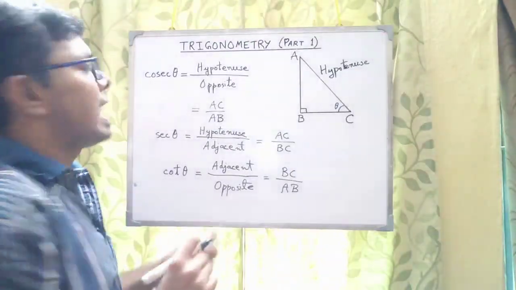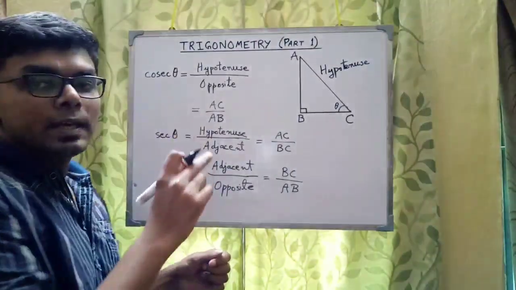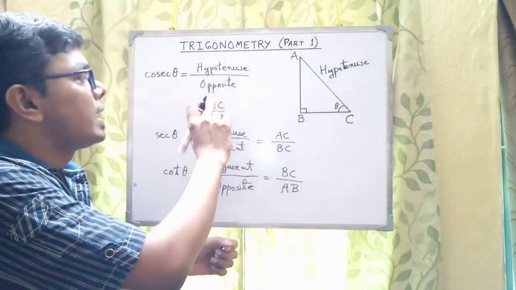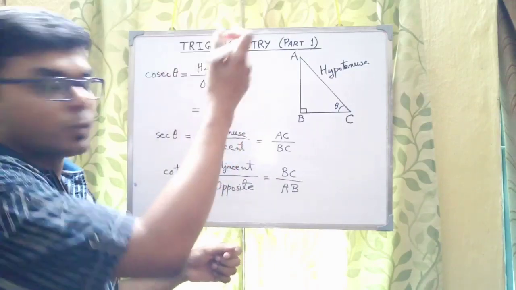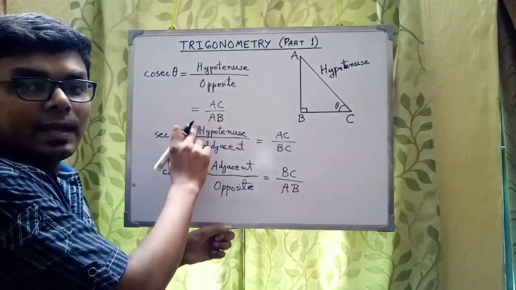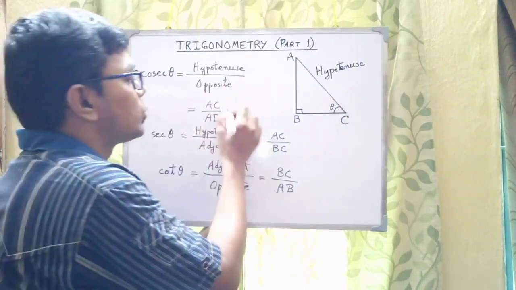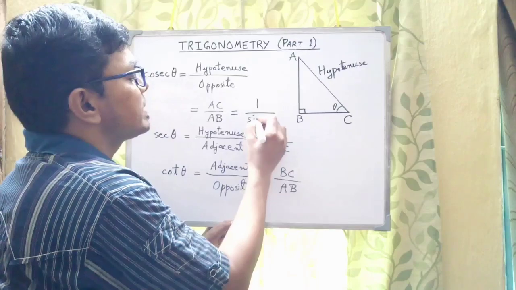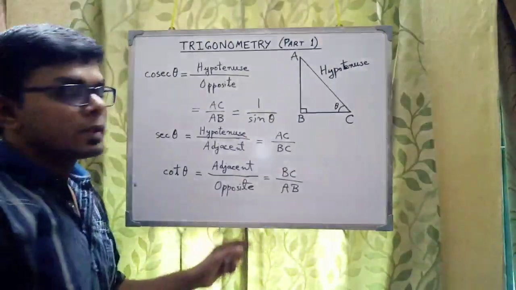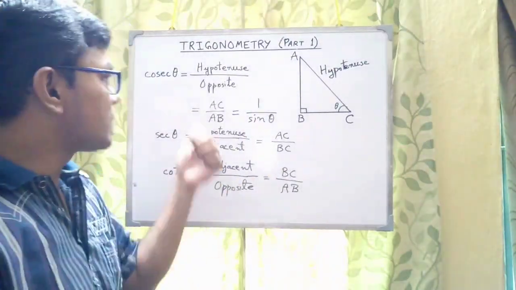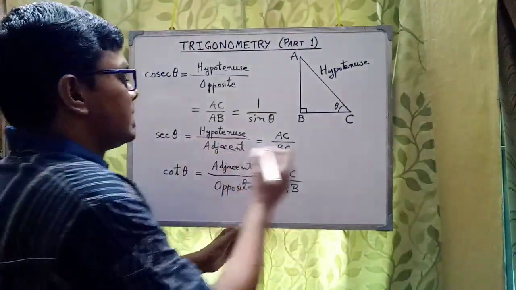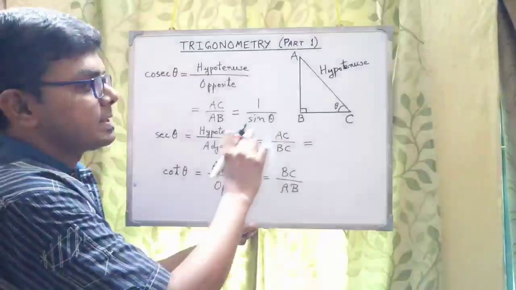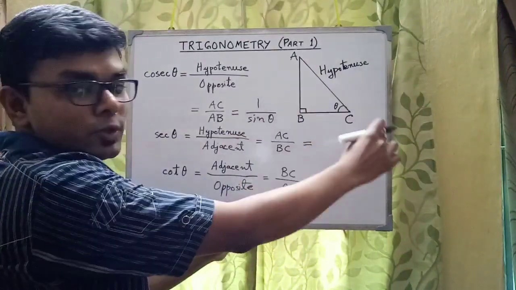Now see, as I have told you, cosec theta is the reciprocal of sine theta, because cosec theta is hypotenuse by opposite and sine theta was opposite by hypotenuse. So cosec theta is AC by AB and sine theta was AB by AC. So we can easily write cosec theta equals 1 by sine theta. For sec theta, cos theta was adjacent by hypotenuse.